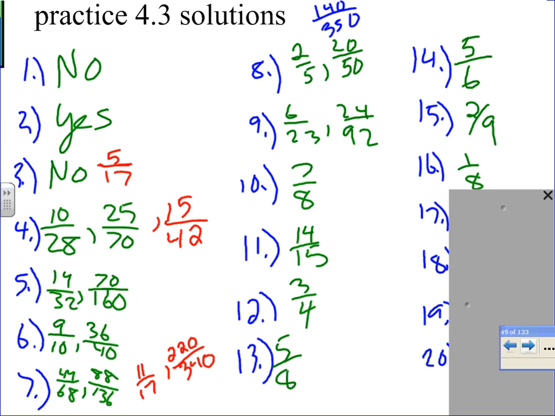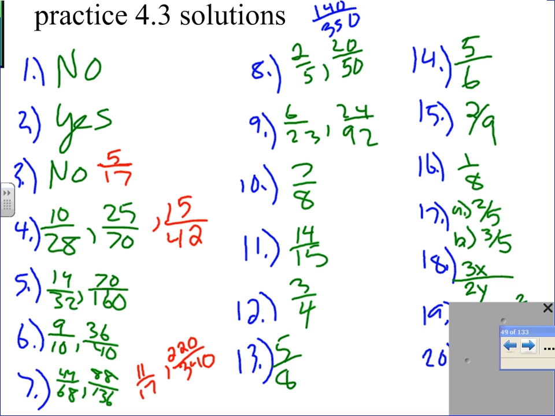17, Charles. Part A first. Good. 2/5. Part B, Charles. Good. 18, Emma M. Good. 3x over 2y. Annalise, 19. Good job.